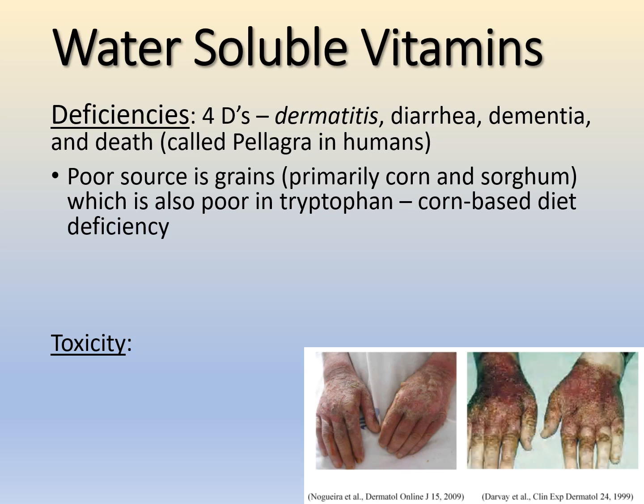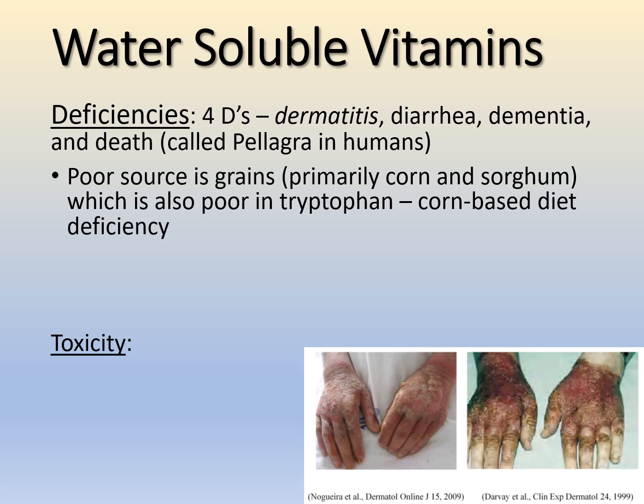So we do see some deficiencies, and we call it the 4 Ds: dermatitis, diarrhea, dementia, and death, which doesn't sound very good. All of these together are something that we see in humans called pellagra.